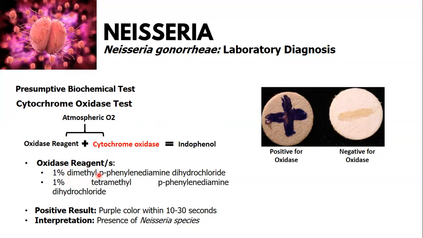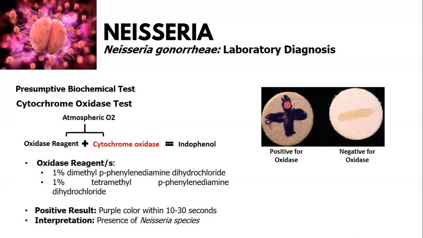And a positive reaction is indicated by the appearance of a purple color within 10 to 30 seconds. And if you have this reaction, then this is reported as positive for oxidase test, and it confirms the presence of Neisseria species.